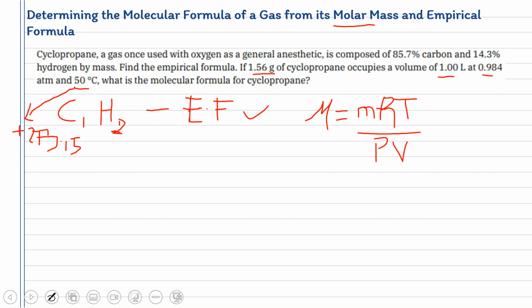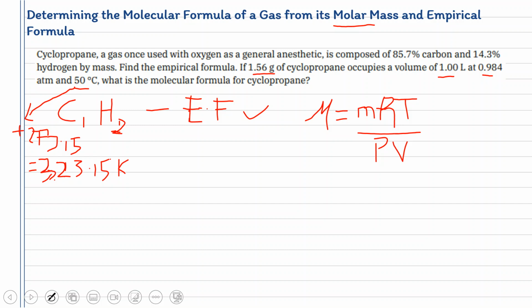So if you add 273.15 to 50 degrees Celsius, what do you get? Anybody? You're going to get something like 323.15 Kelvin. Great.